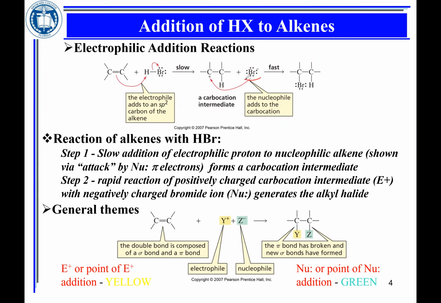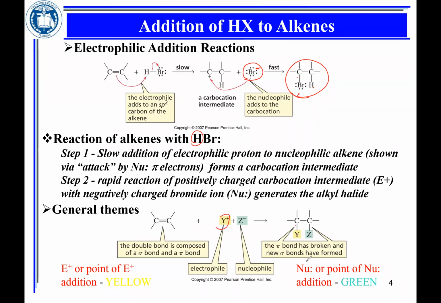Then the nucleophile comes in. Because the nucleophile has a negative charge and you have a carbocation, a new bond forms, and the net result is addition of H and addition of Br, or addition of H and X in general. In the first step, H plus comes in, and in the second step, the Br comes in. So the electrophile comes in first and the carbocation forms.